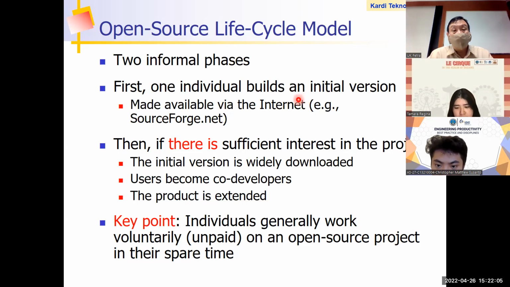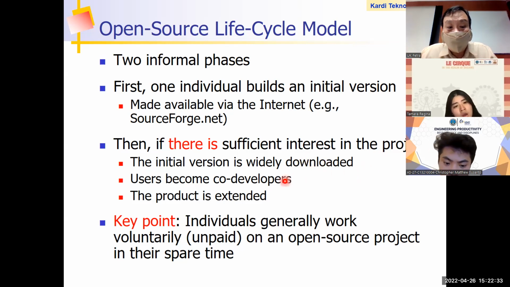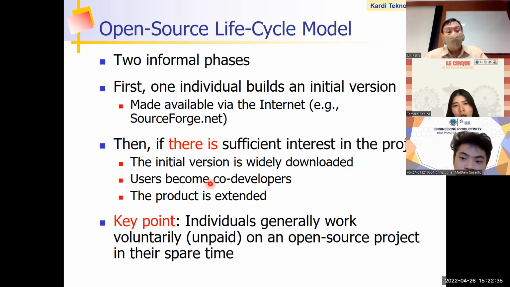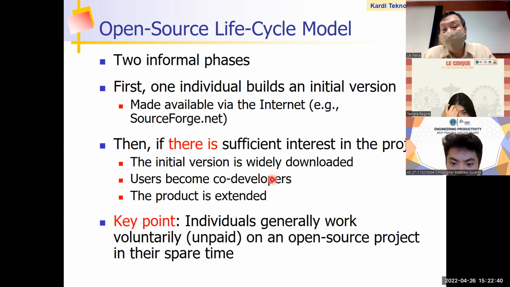So how is the open source lifecycle model? There are two informal phases. The first one is that one individual, probably you, will build an initial version and make it available on the internet. If, and this is a big if, there is sufficient interest in the project, then the initial version will be widely downloaded, and some of the users will become co-developers, and then the product is extended.